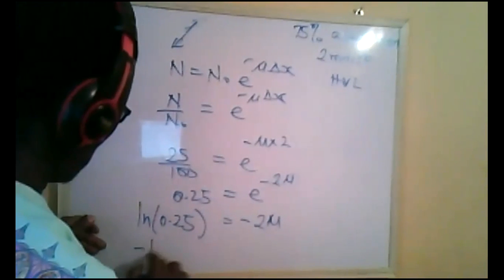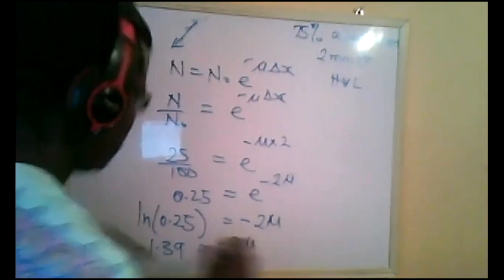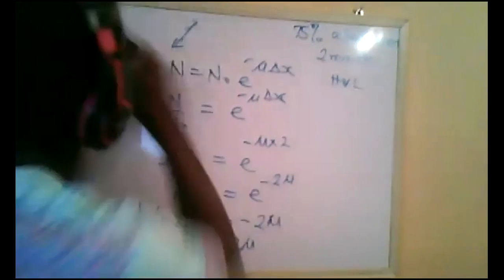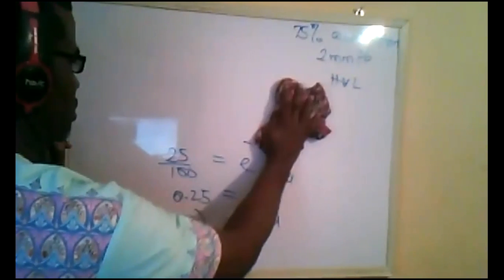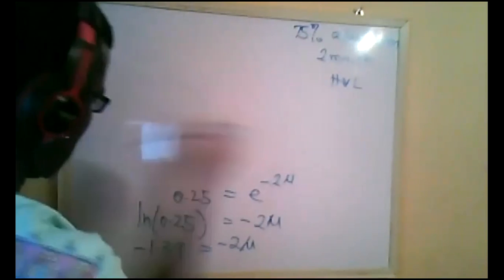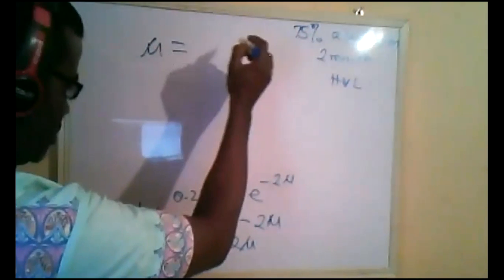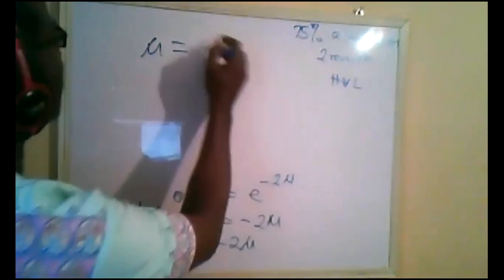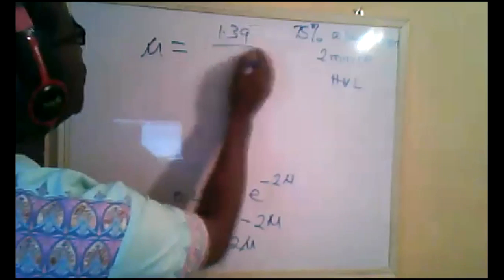So this minus 1.39 is minus 2 mu. So we now have mu will be minus 1.39 over minus 2, so it's 1.39 over 2.